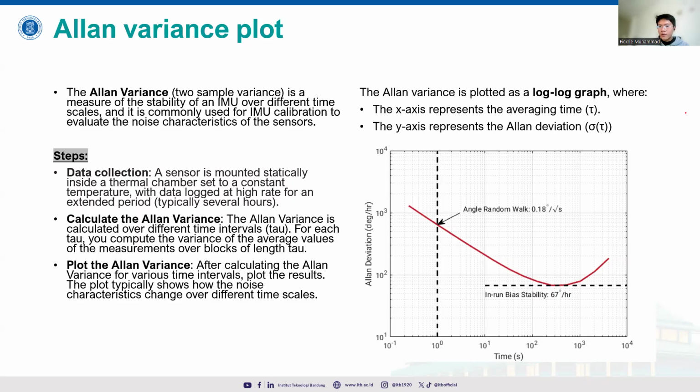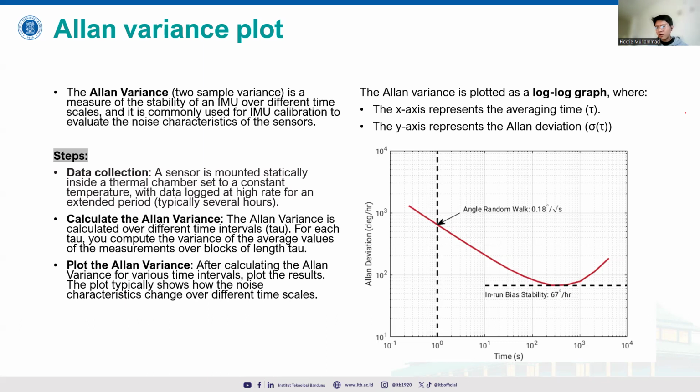With this longer period of time, even though the IMU stands still, we can see the initial bias when the IMU is powered on. During the running time, for example when it runs for about 5 hours, we can see how the in-run bias stability is.